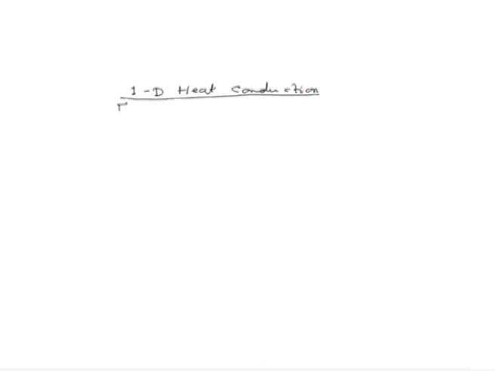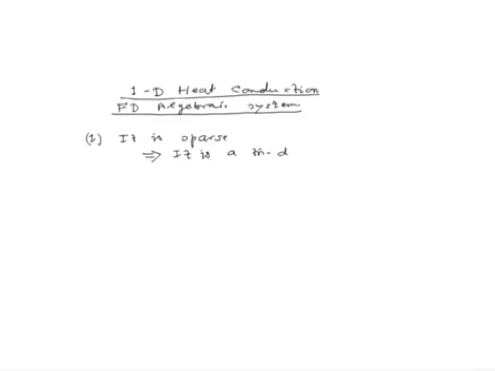So, finite difference algebraic system. Two characteristics we can note. The first one is it is sparse, and the sparsity pattern is very clear. What is the sparsity pattern? It is a tri-diagonal system.